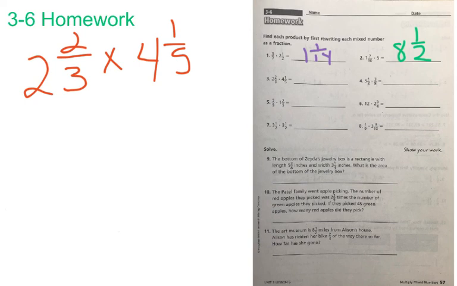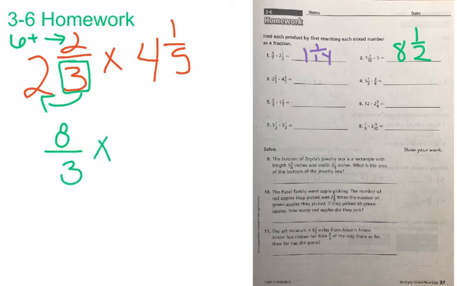Let's look at 2 2/3 first. 3 times 2 is equal to 6, plus the 2 is equal to 8, and my denominator stays the same, so I have 8/3. Then 4 1/5: 5 times 4 is equal to 20, plus your 1 is equal to 21, and again my denominator stays the same, so I have 21/5.